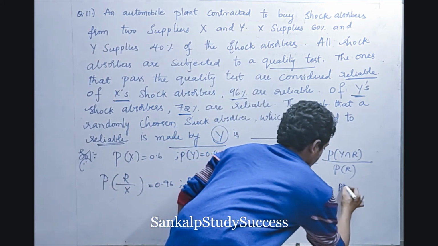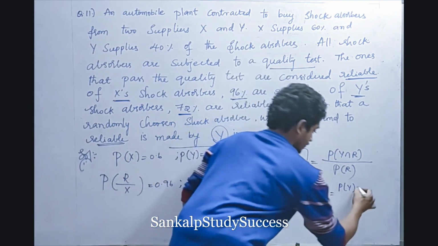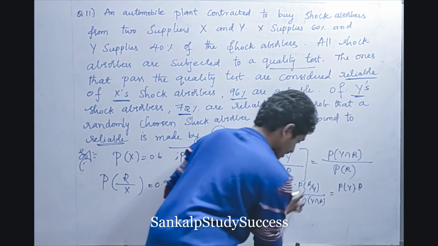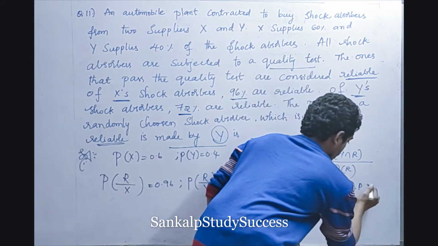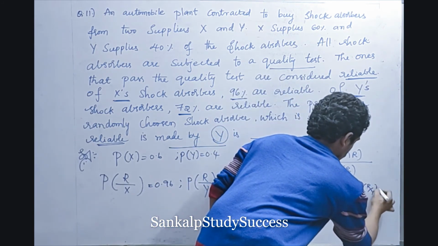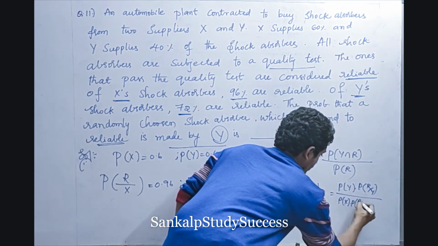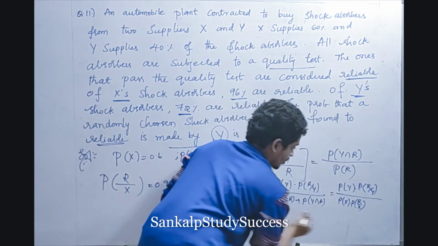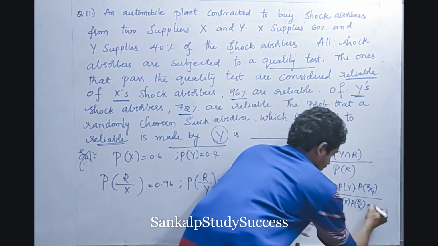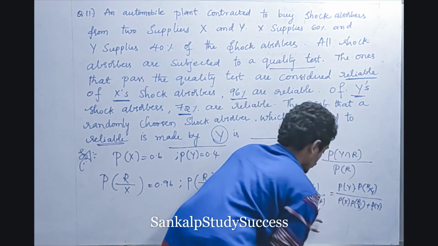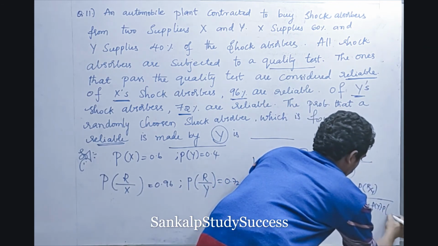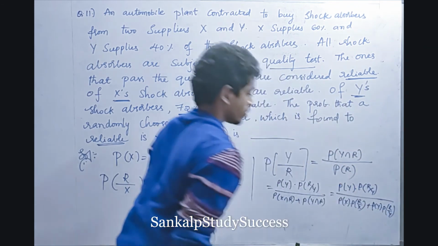P of Y into P of R by Y, whole divided by P of X into P of R by X, using conditional probability, plus P of Y into P of R by Y. This is nothing but Bayes theorem only, friends.